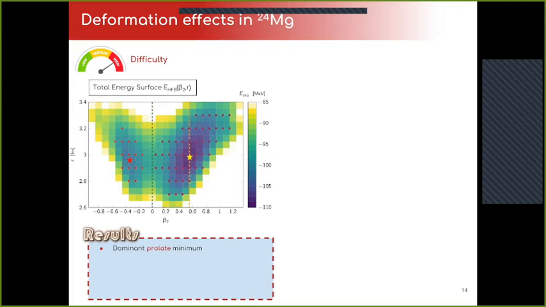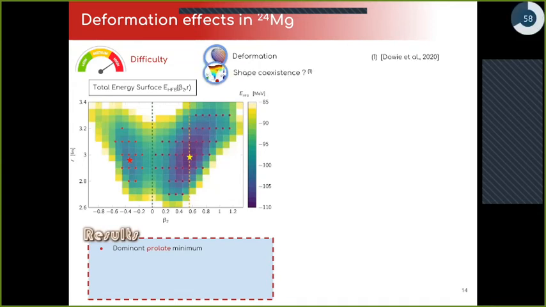In fact, we have two different minima, the most important of which is the prolate one, which is supposed to be also the dominant one. And so globally, deformation effects are expected to play a significant role and maybe also shape coexistence.